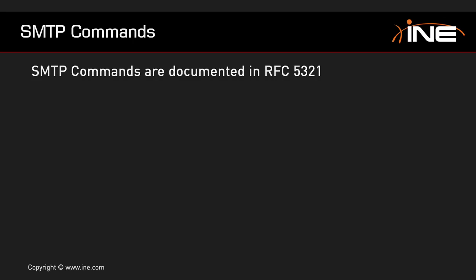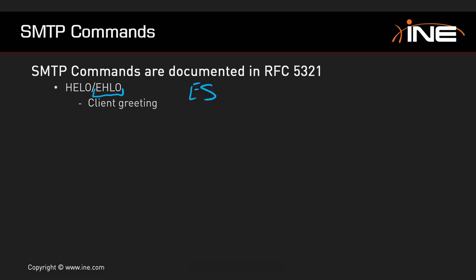We will now quickly go over a few more important SMTP commands as documented in RFC 3321. So it is going to be the hello command, or possibly extended hello, EHLO. This extended command is technically defined in a separate RFC called extended SMTP.